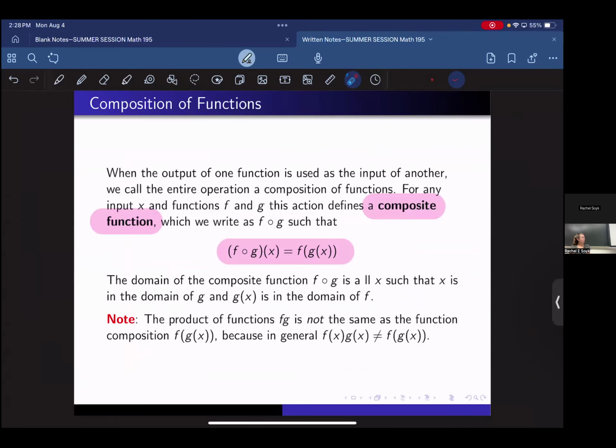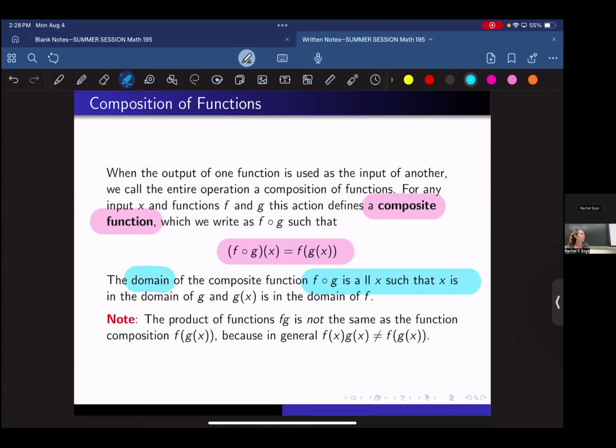Yeah, so again, notation. Now the second part is really honing in on the domain aspect of this. And so the domain of an f of g function is simply all x such that x is in the domain of g and g of x is in the domain of f.